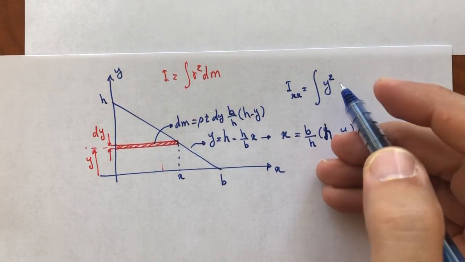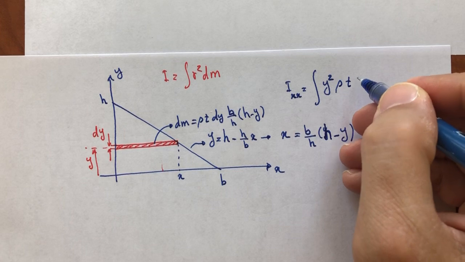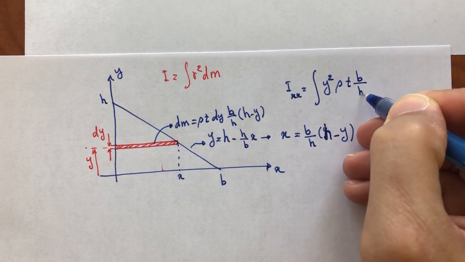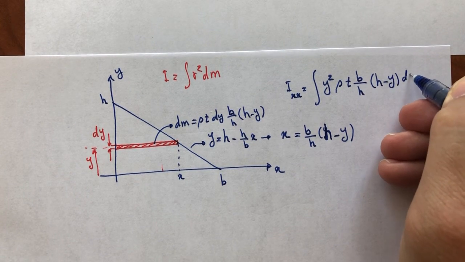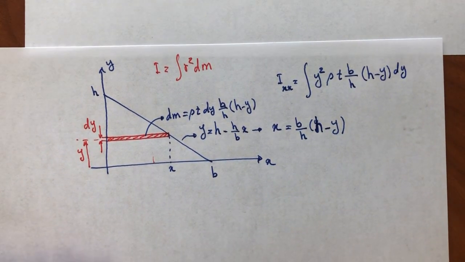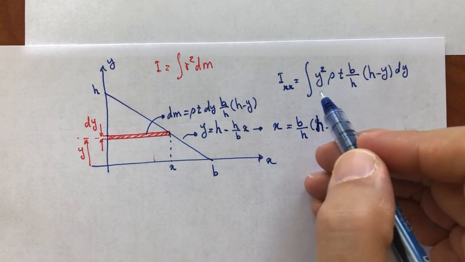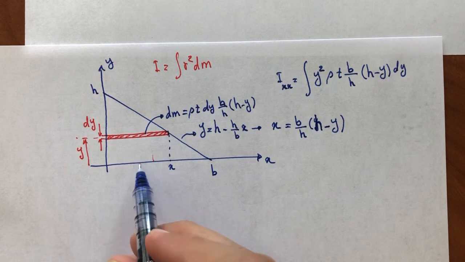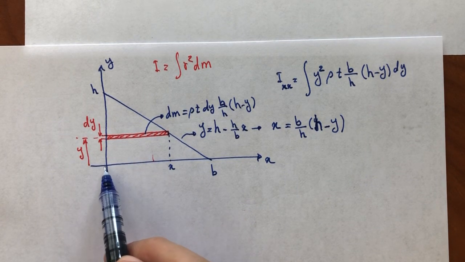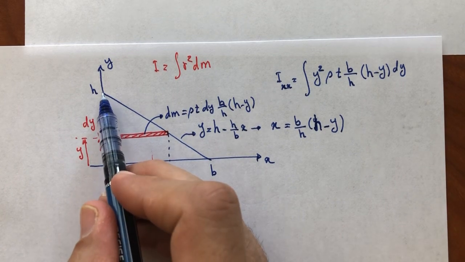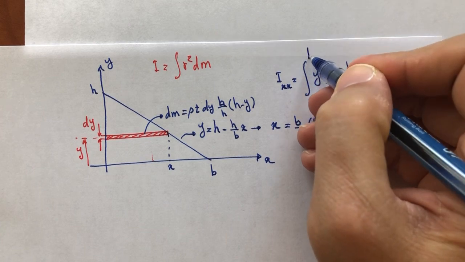So just replace dm here: rho t b over h times (h minus y) dy. Now we have a simple integral over y, and when covering the whole area by sweeping this element, y goes from 0 to h.